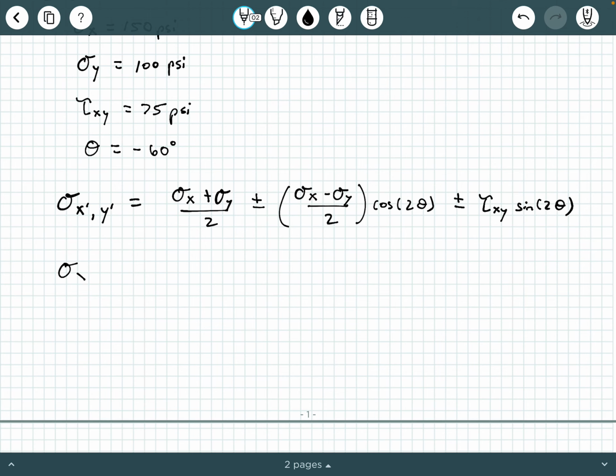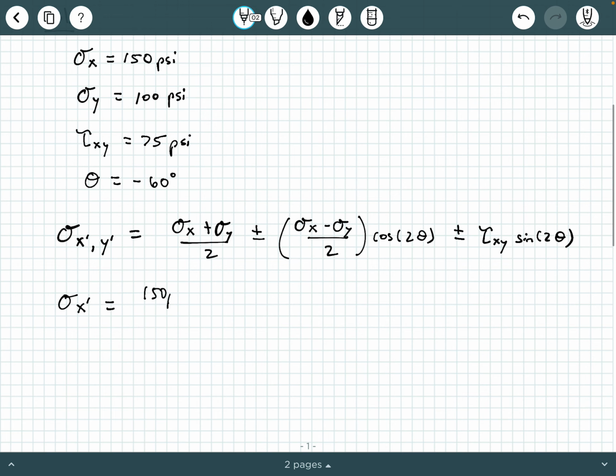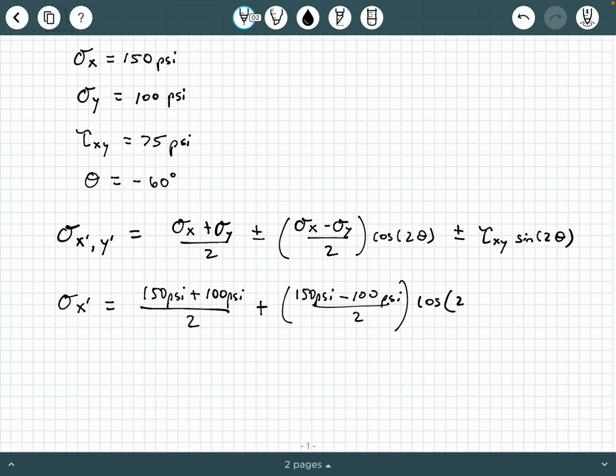We're going to do this one at a time, of course. Sigma x prime is going to be 150 psi plus 100 psi divided by 2, plus, because we're looking at sigma x prime first, 150 psi minus 100 psi, all divided by 2, times the cosine of 2 times negative 60 degrees.